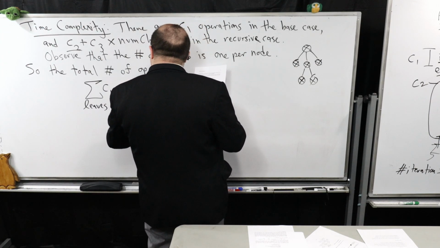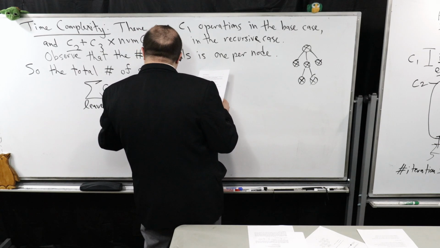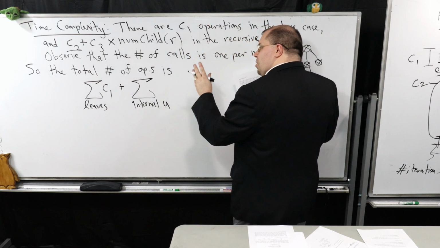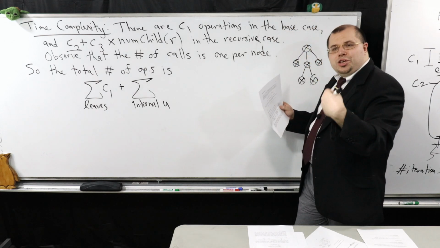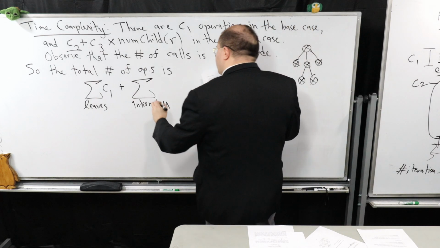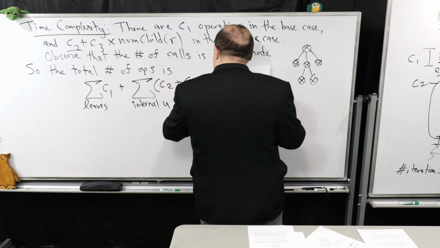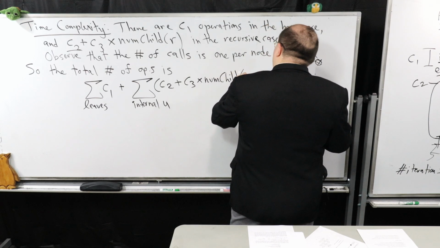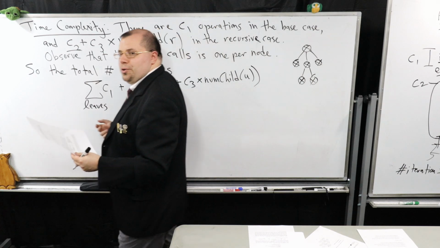Then I have the recursive case. For each internal node of the tree, and I'm going to give it a name, I'll call each one of the internal nodes as I sum through them all U. For each one of those, we know that it's C2 plus C3 times numchild of U, where U is the internal node.